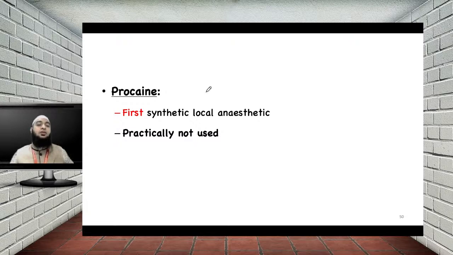It is generally given through the systemic route to reduce abnormal heart rate and force of contraction, which is called arrhythmia. So although procaine is the first synthetic local anesthetic, practically it is not used. You must remember this point about procaine.